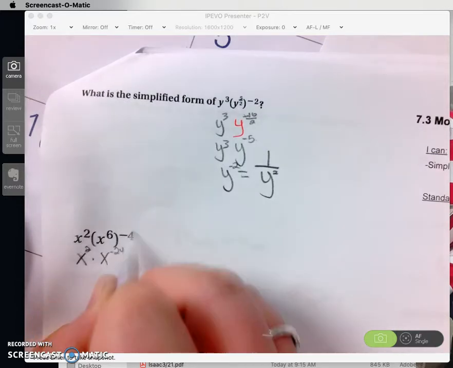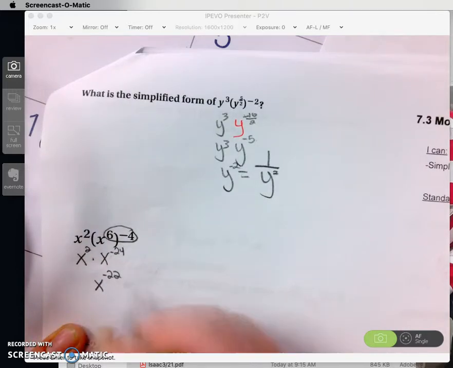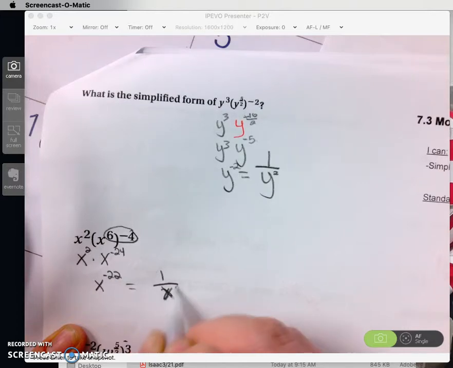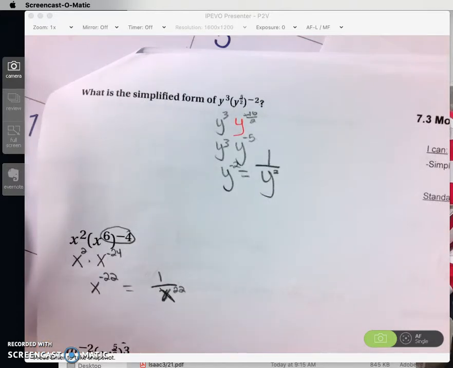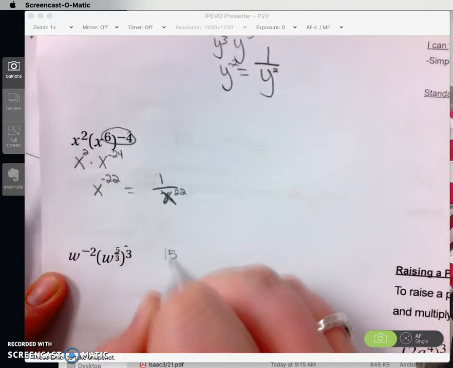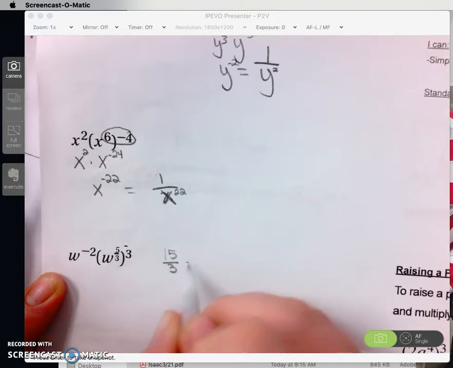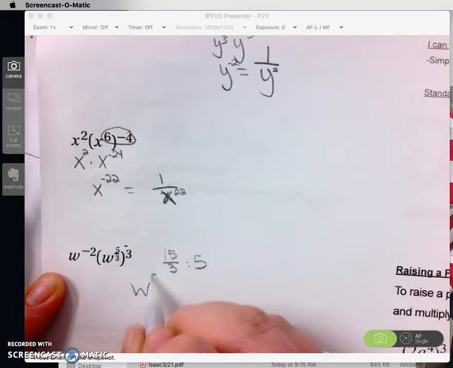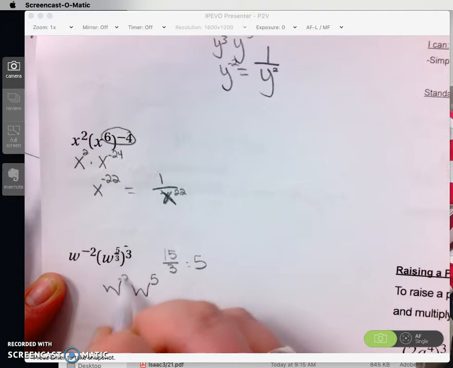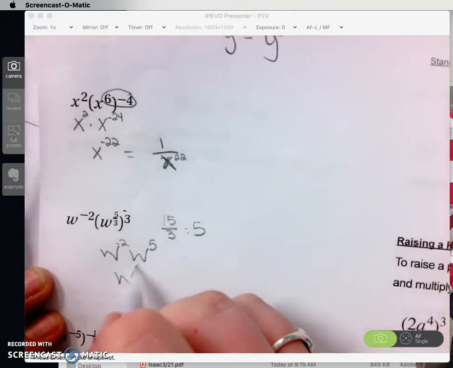I have to do this first, and then x to the negative 22nd, which reduces down to x to the 22nd. So this would be 15 over 3, which reduces down to 5. So I have w to the 5th power, w to the negative 2nd, so w to the 3rd power.